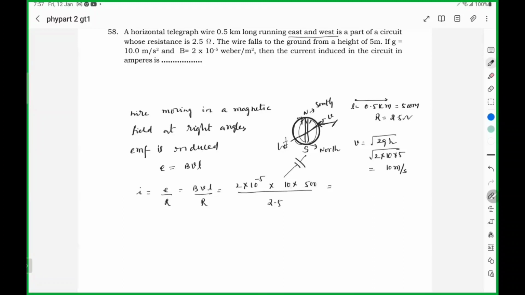So here it is 10 power minus 1 by 2.5, which is 0.04 amperes.